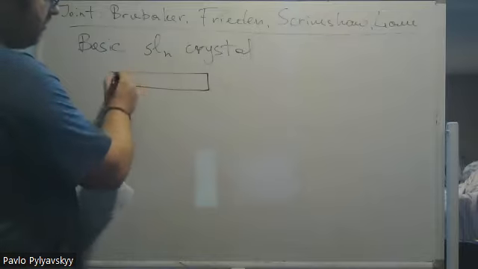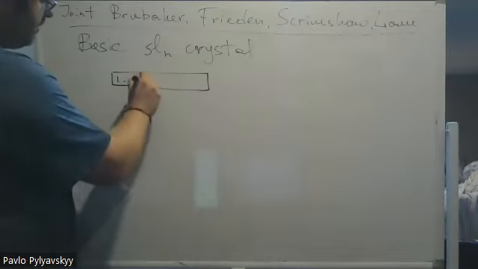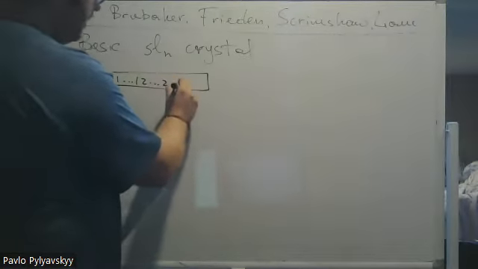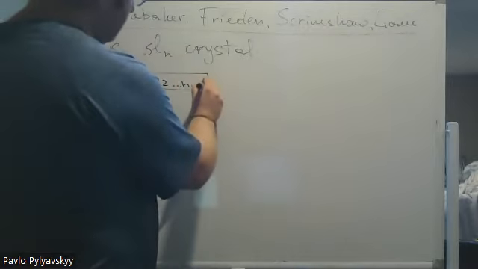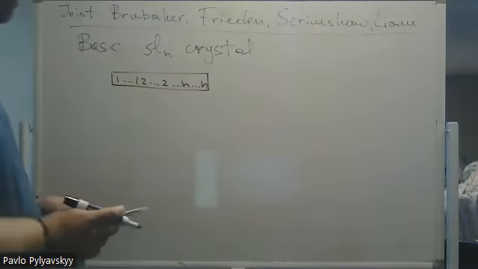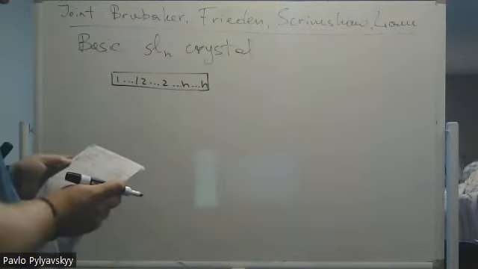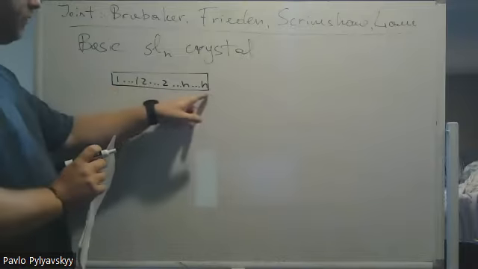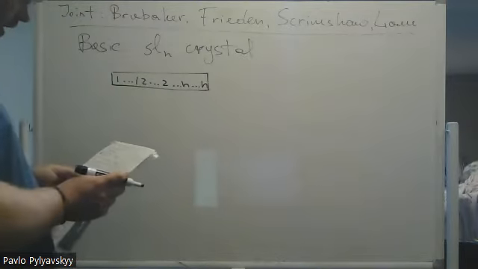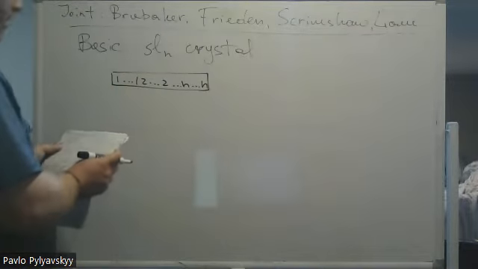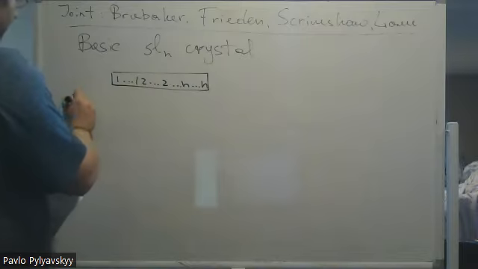You have a row of certain length and you fill it with numbers 1 through n in a weakly increasing manner. So you have all possible ways to fill it like this with numbers 1 through n, and then those are connected to each other by crystal operators.